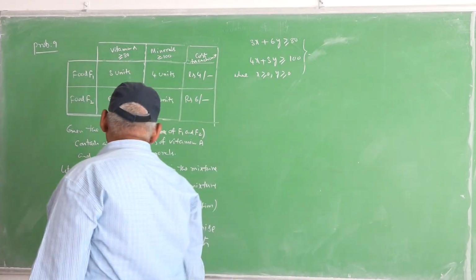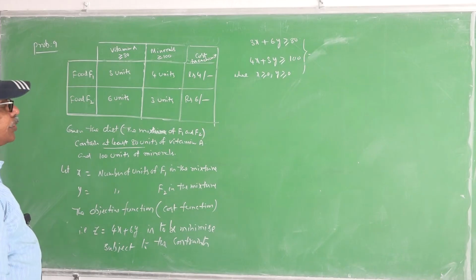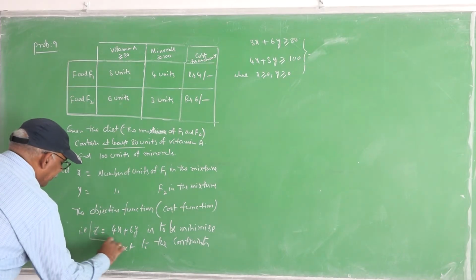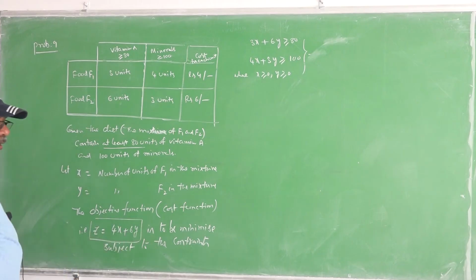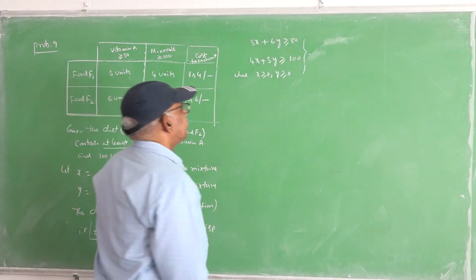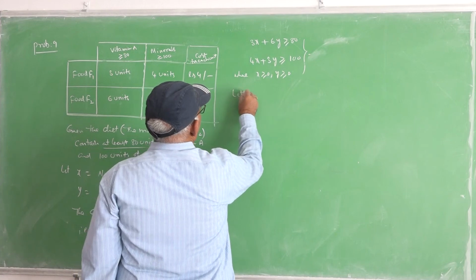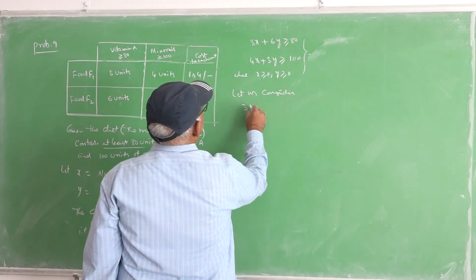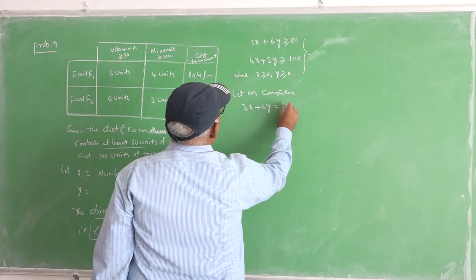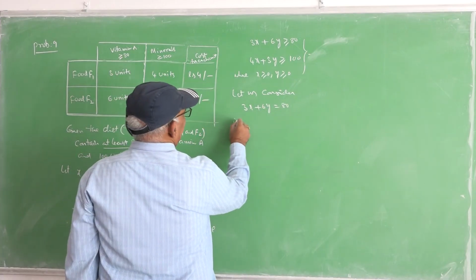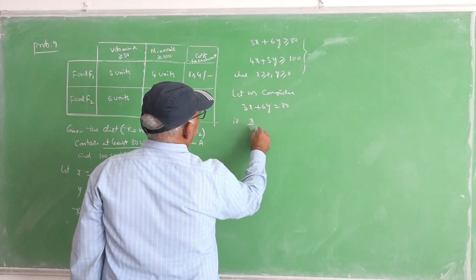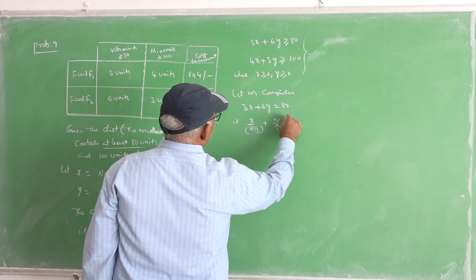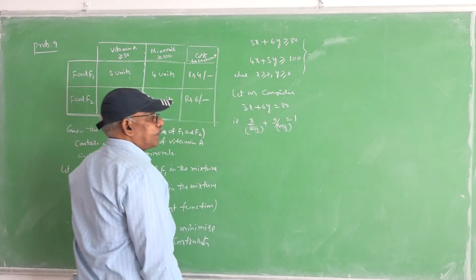Based on these constraints, we have to minimize the cost function. This is our function. For that, let us consider the straight lines. 3x plus 6y equals 80 gives us x by 80 by 3 plus y by 40 by 3 equals 1, since 80 by 6 gives us 40 by 3.